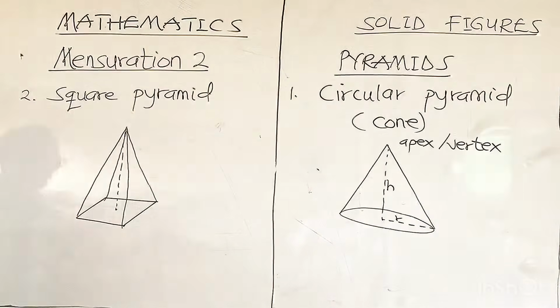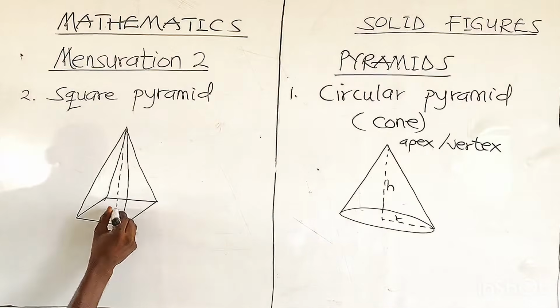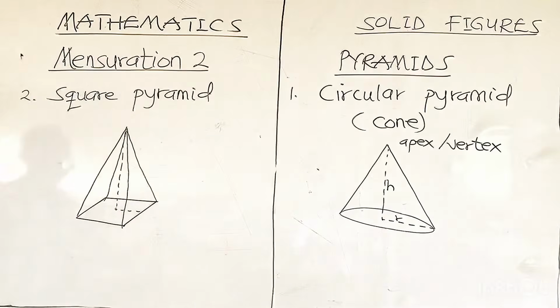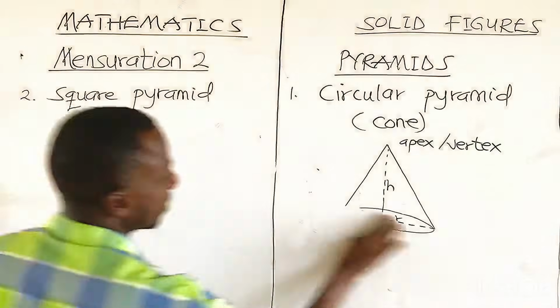All right. So this will be our square pyramid. Then the next one is the rectangular pyramid.